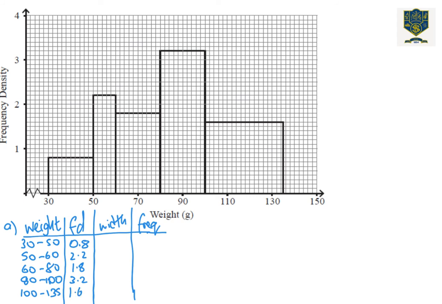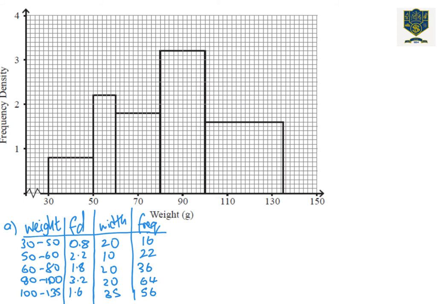And the widths of each group, so the first one is 20 wide, then 10, 20, 20, and 35. And if we multiply these, we get frequencies of 16, 22, 36, 64, and 56. So we've drawn a frequency table.